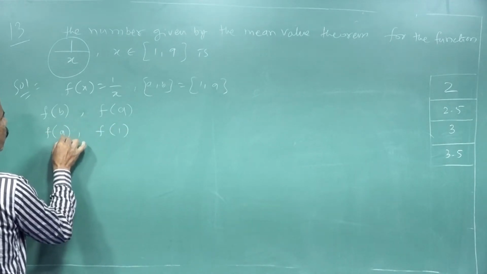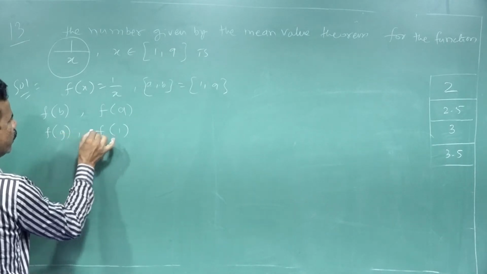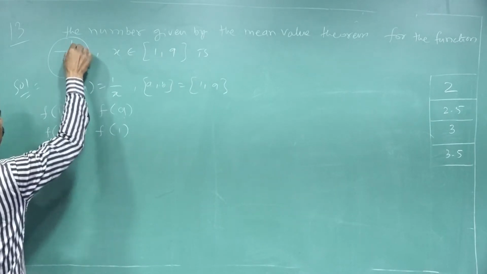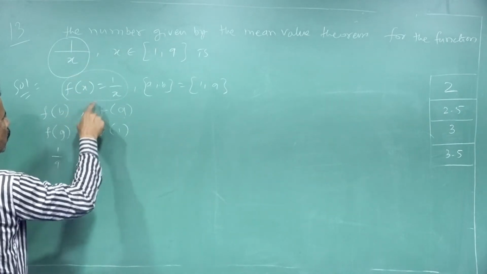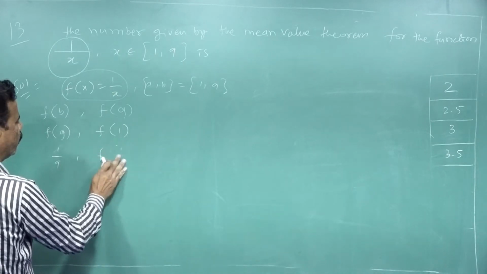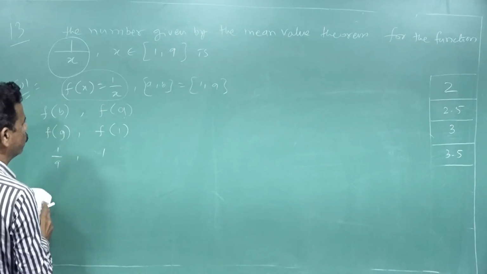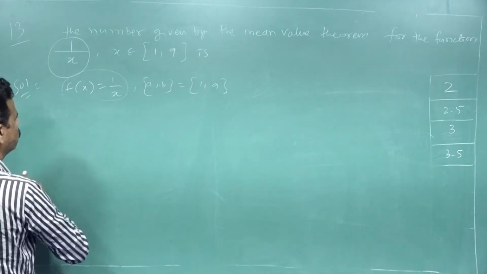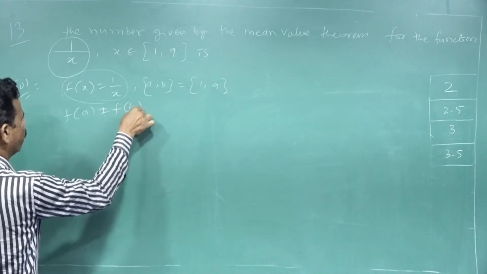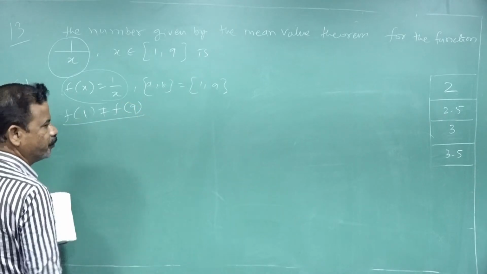Here f of x is 1 by x, so f of 9 is 1 by 9, and f of 1 is 1 by 1. So these are not equal. Here f of a is not equal to f of b. That means f of 1 is not equal to f of 9.